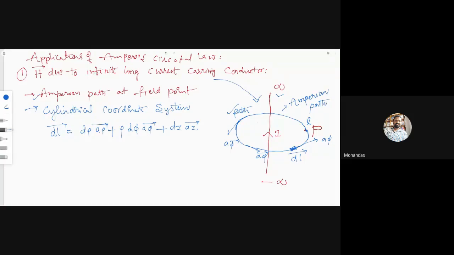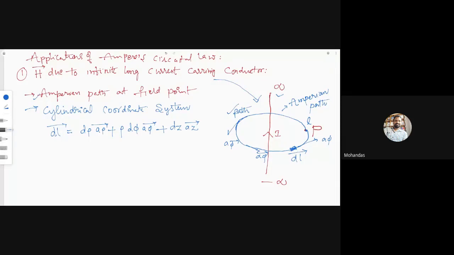The Amperian path or the conductor? This is the Amperian path we have chosen. The Amperian path only. Don't get confused. For the Amperian path only you have to write dl.